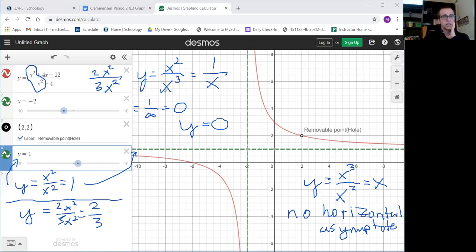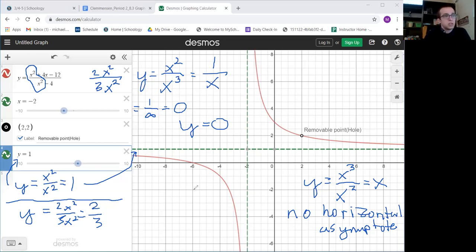So those are the three different things that can happen with a horizontal asymptote. You can have them be the same, and then it's whatever the coefficients divide to be. You can have the denominator be greater, in which case it'll be 0. Or you can have the numerator be bigger, in which case there's no horizontal asymptote.